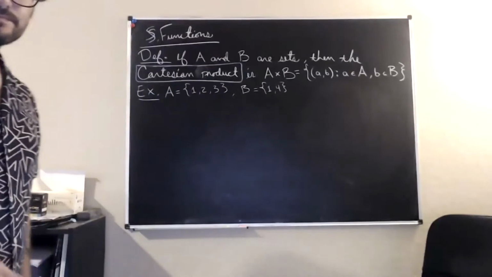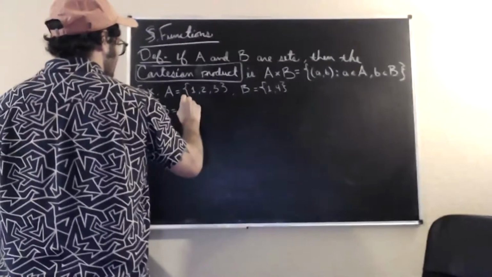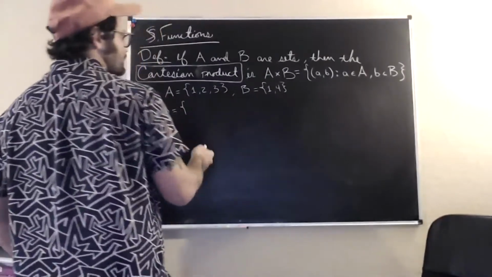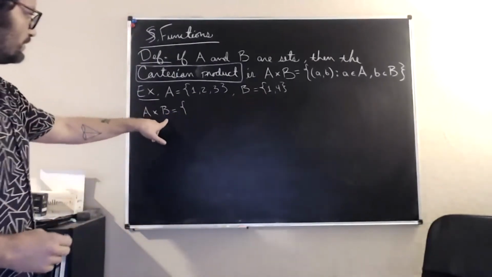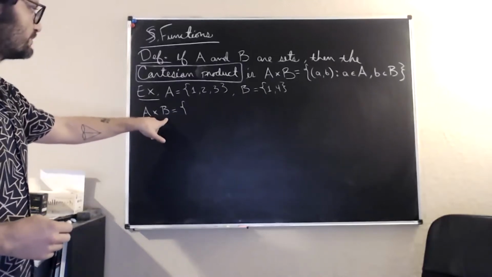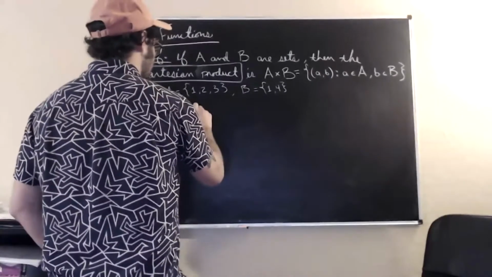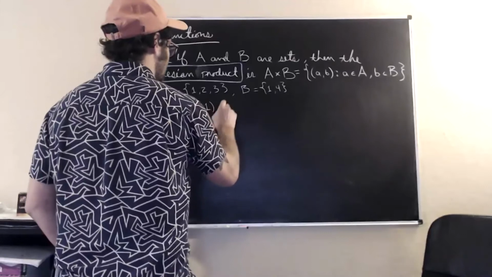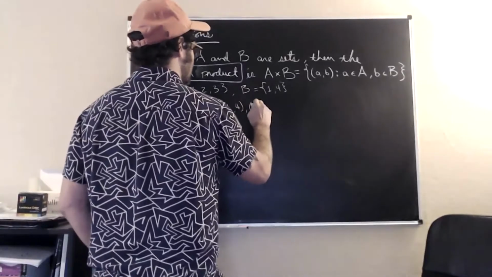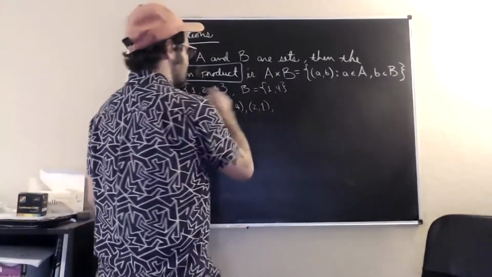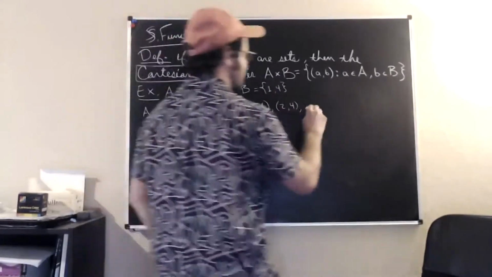Then the Cartesian product A times B is going to be the set of all ordered pairs, where the first entry from the ordered pair comes from A, and the second entry comes from B. So the ordering of this product does matter. You'll get a different set if you do B times A. But here we have A times B, so this will be (1, 1), and then (1, 4), and then (2, 1), (2, 4), (3, 1), and (3, 4).